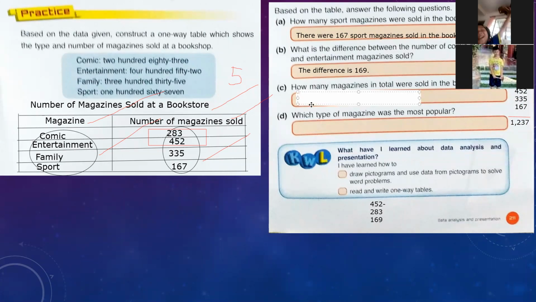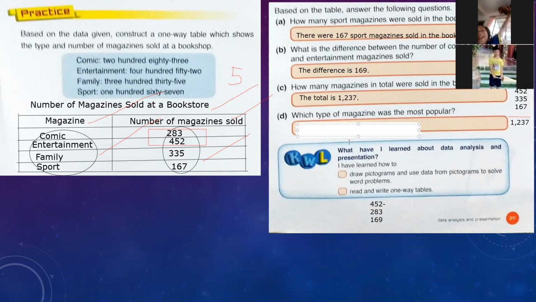Very good. So the total is 1,237. Full stop. Yes, because I am tired already, and you are tired too. So that is accepted.